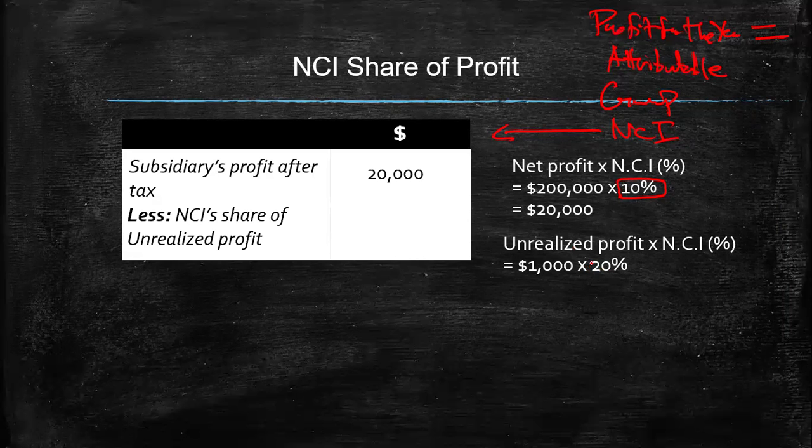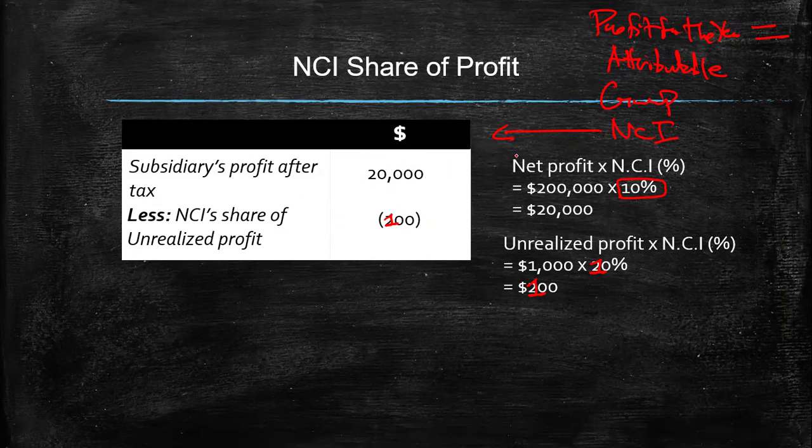This should be 10%, not 20%. And therefore, we should have here 100. The percentage has been taken incorrectly, but the point is we have to subtract NCI's share of unrealized profit from this calculation of NCI's share of profit for the year.